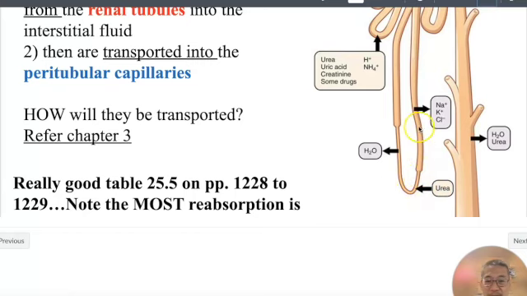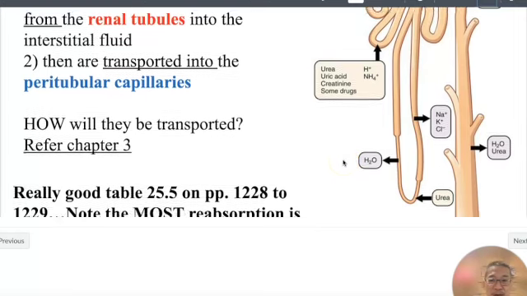And as it goes up, water cannot come in here, but water can go out here. And here, more salt, potassium and chloride will now be reabsorbed.